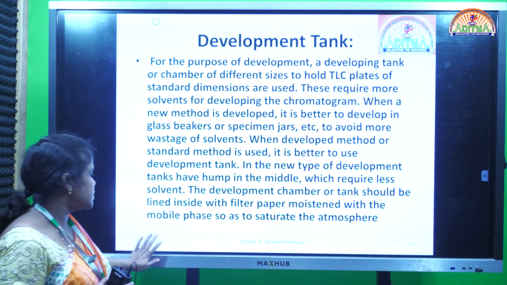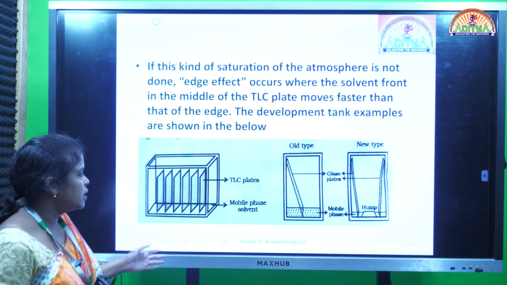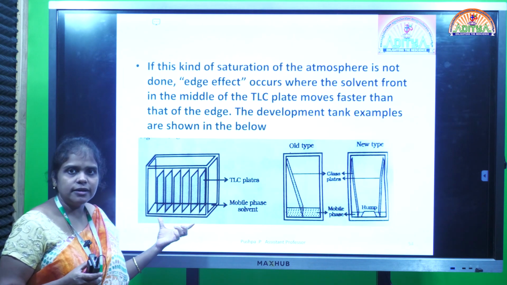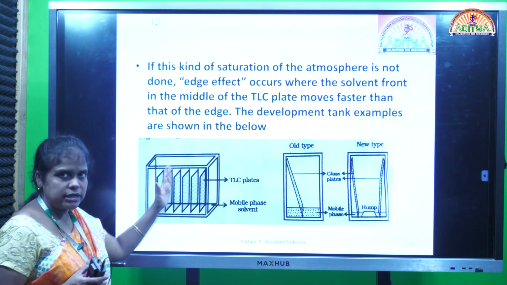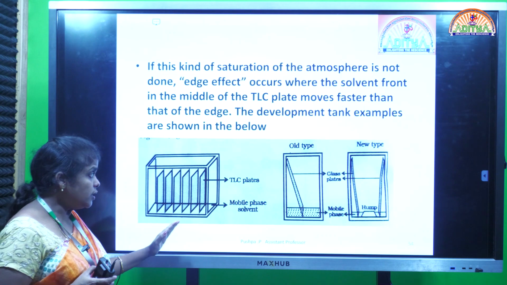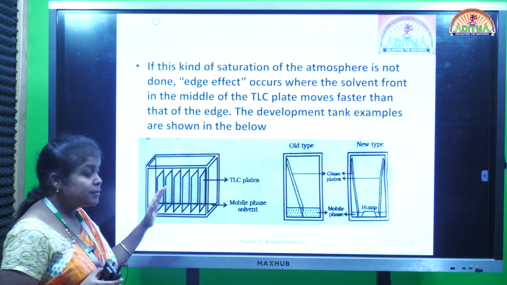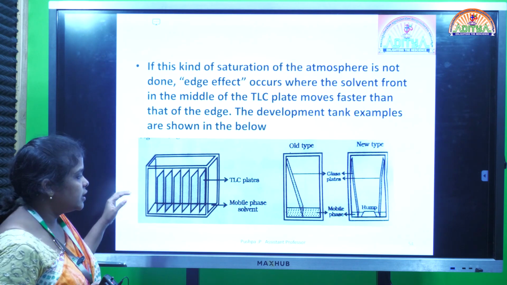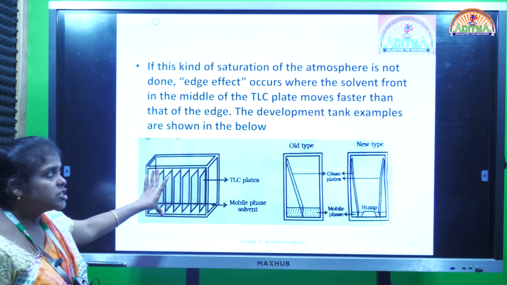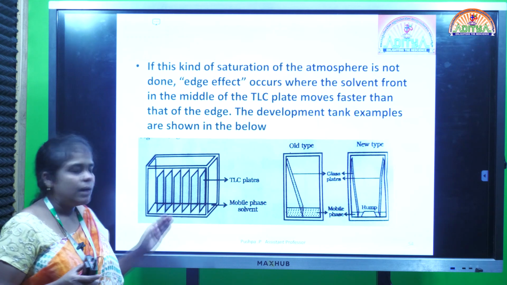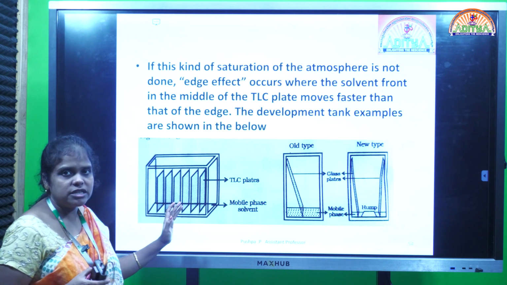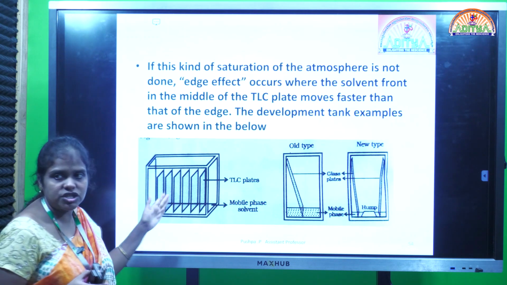You can see this in this picture. This is the development tank, and they have kept the TLC glass plates one by one without disturbing them. You have to be that careful. This is the development tank used in industries. You may doubt how the glass plates stay without touching each other.